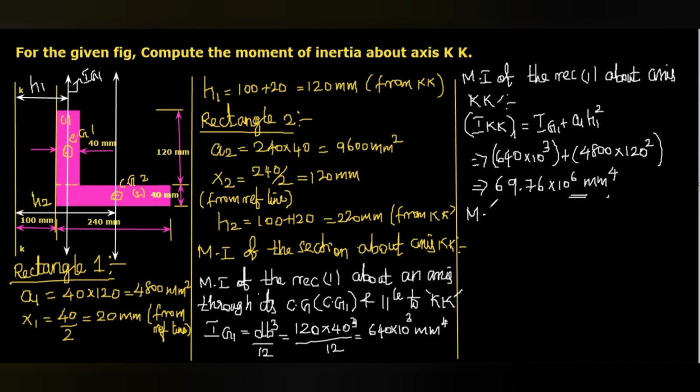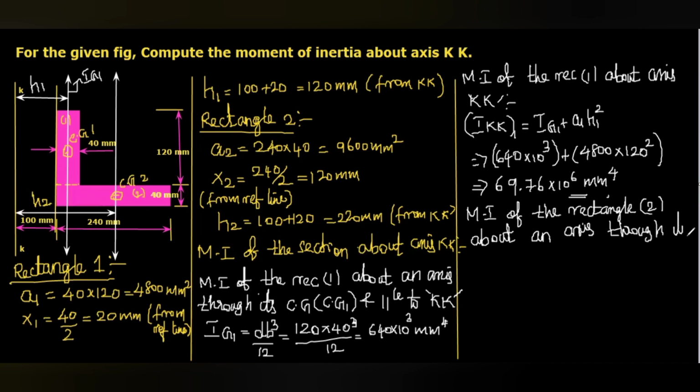First, the moment of inertia of rectangle 2 about an axis through its center of gravity, that is CG2, and parallel to KK, because then only we can use the parallel axis theorem.